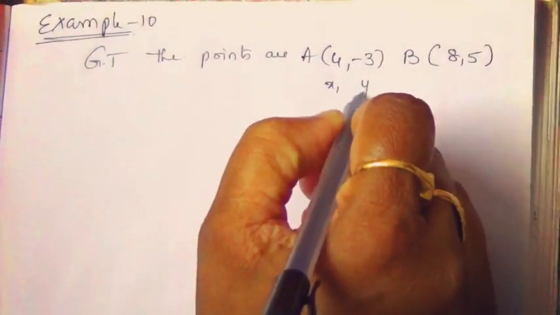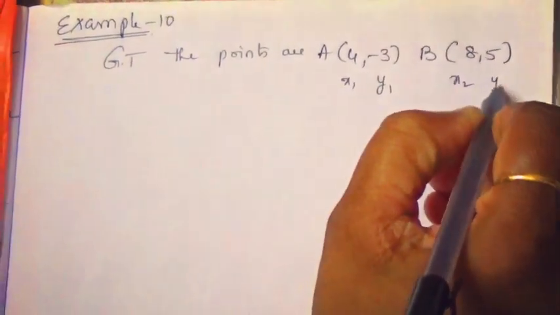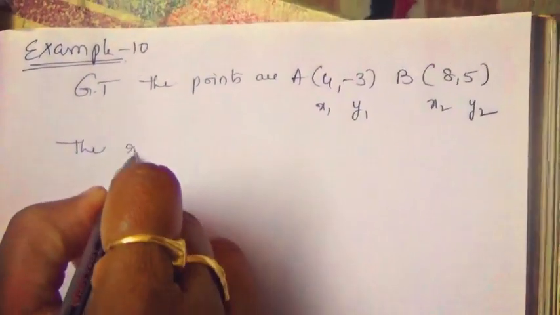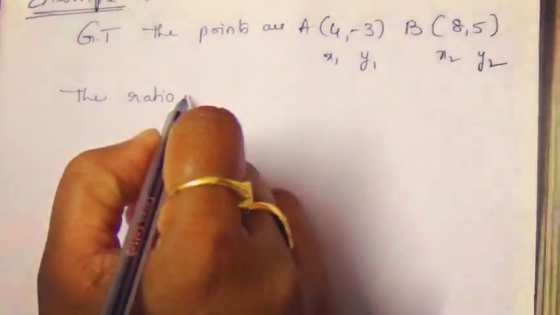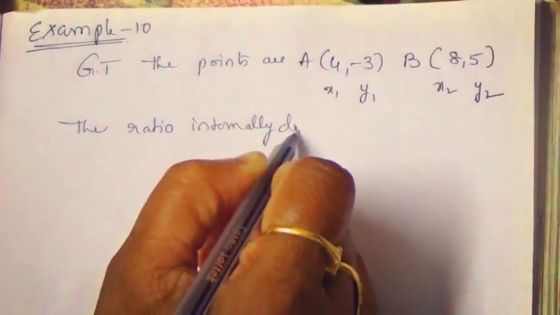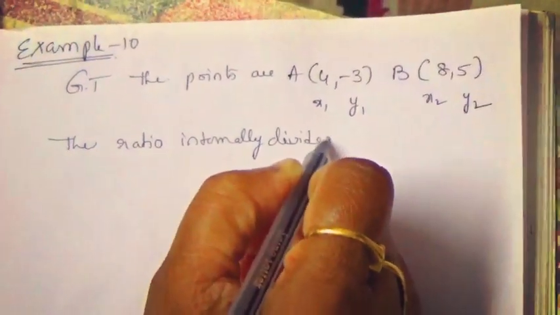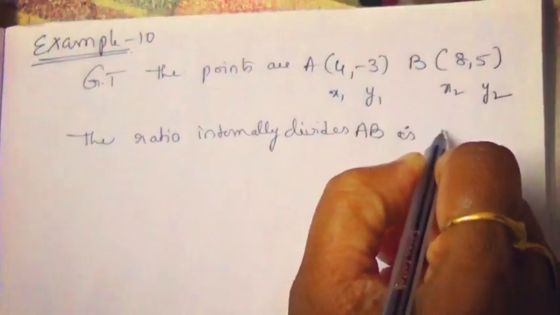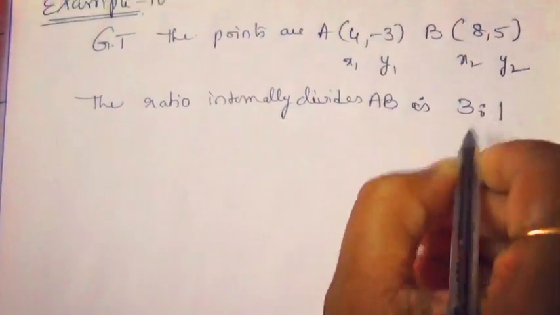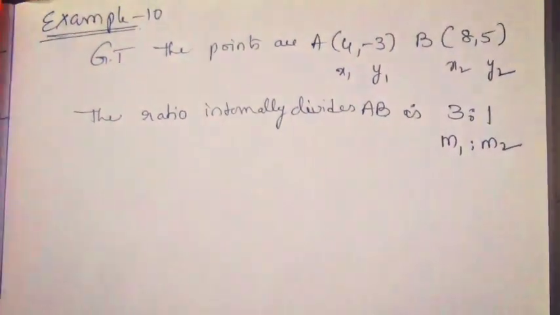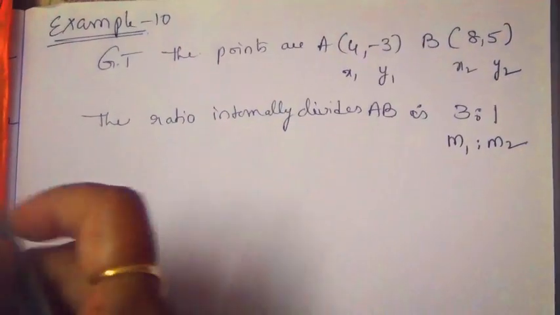Let us take these values as x1, y1, x2, y2, and the ratio in which P internally divides AB is 3:1. That is nothing but m1 is to m2. Okay, P we have to find out.